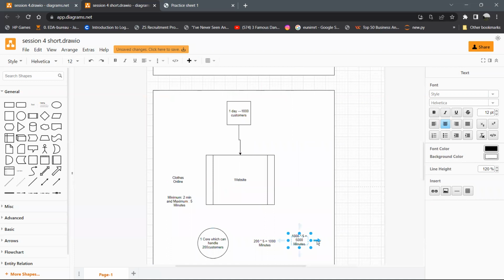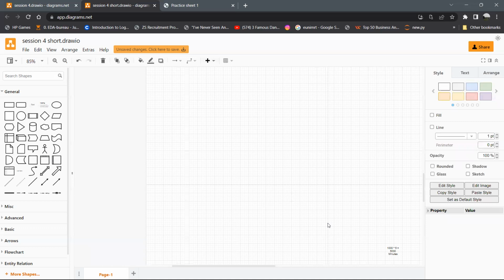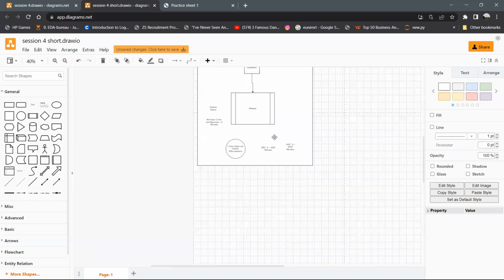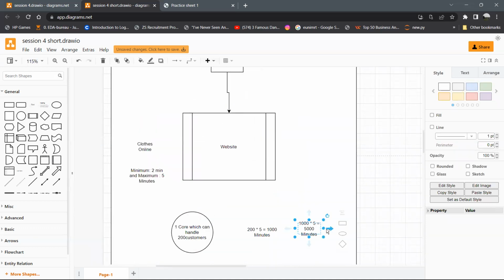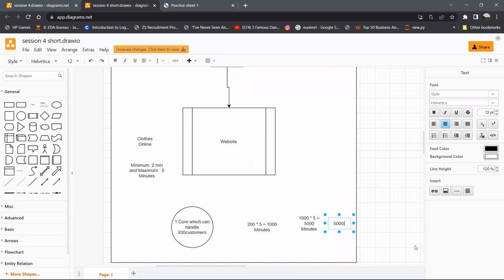And when we just convert this to hours, will be nothing but 5,000 divided by 60, which will be approximately somewhere between 80 hours.